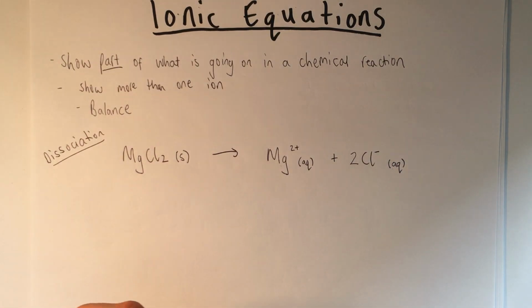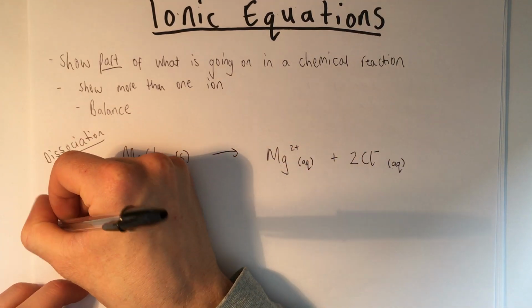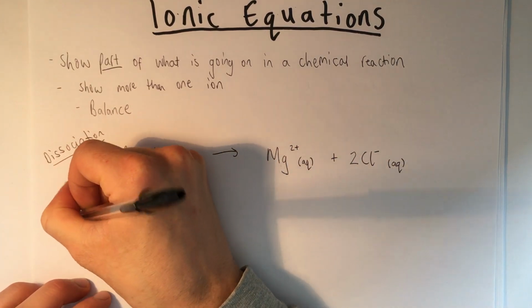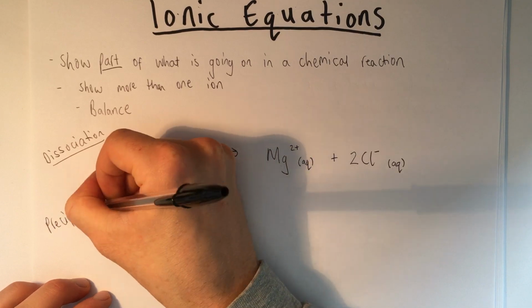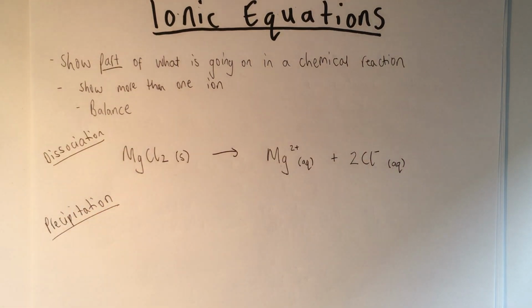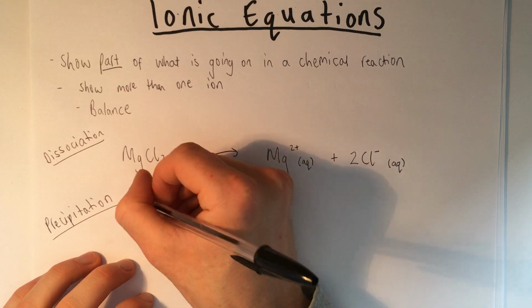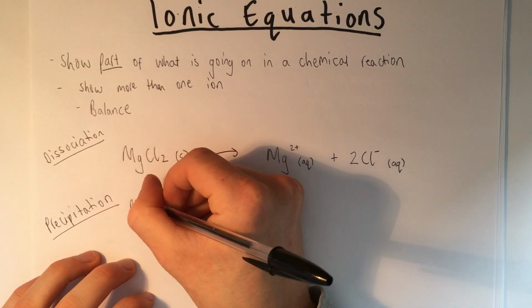What we mostly use ionic equations for is a type of reaction called a precipitation. Again, it's got a bit of a long name, but it's fine. I'm going to use an example to show you what this is. So I'm going to start with lead nitrate.